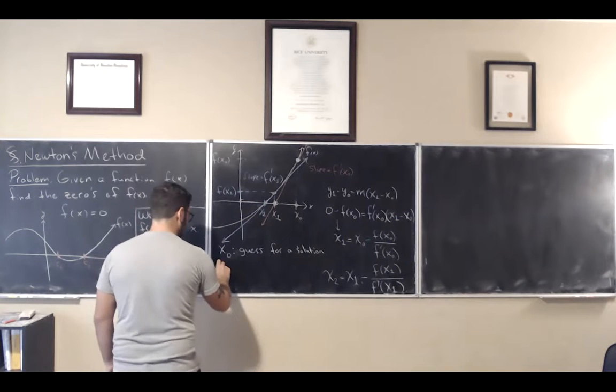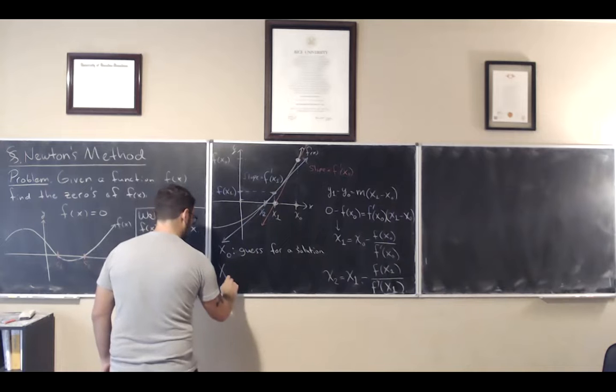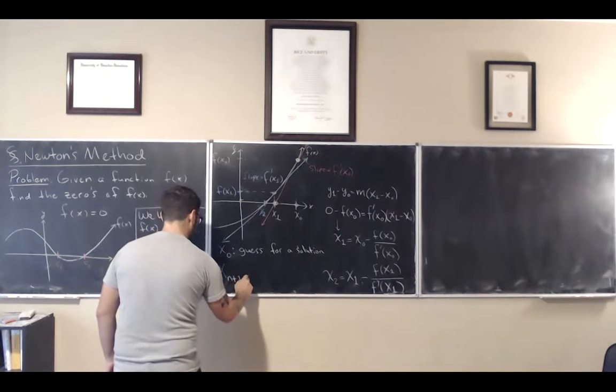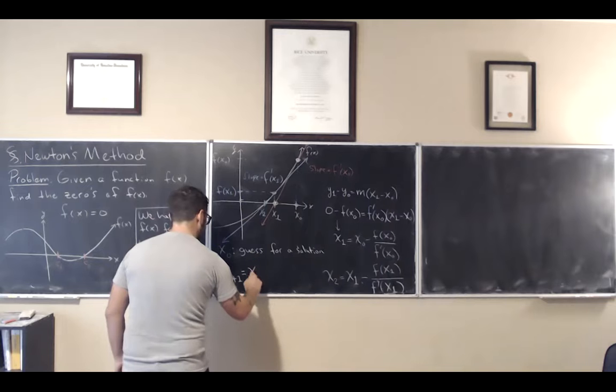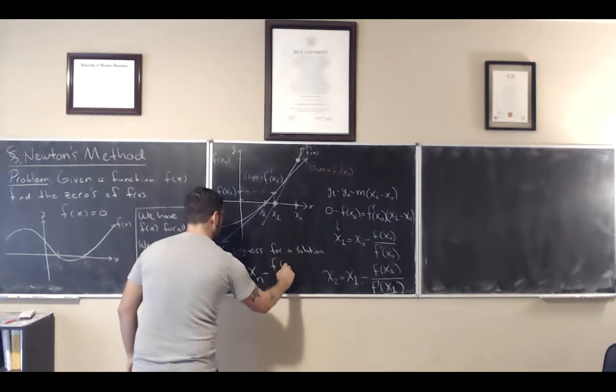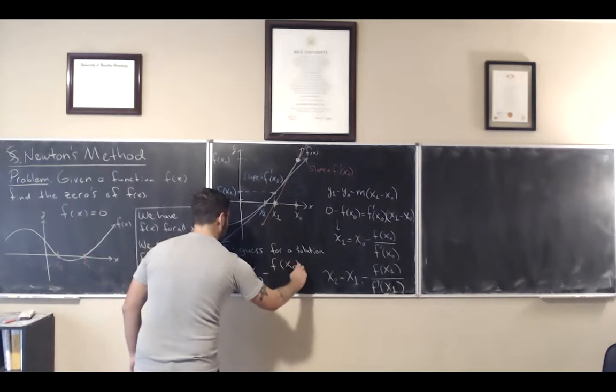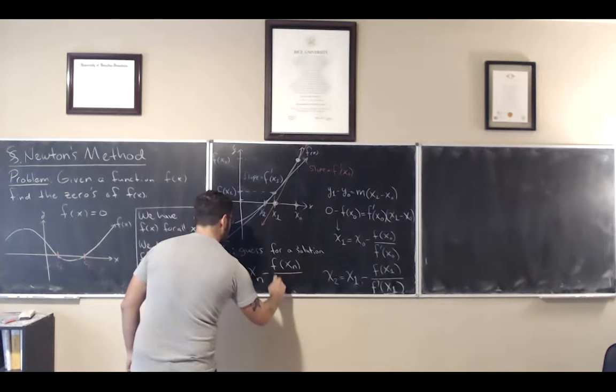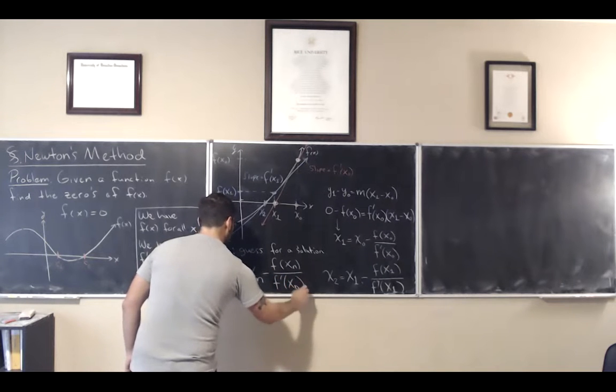So then the general formula is that x n plus 1 is equal to xn minus f at xn over f prime at xn.